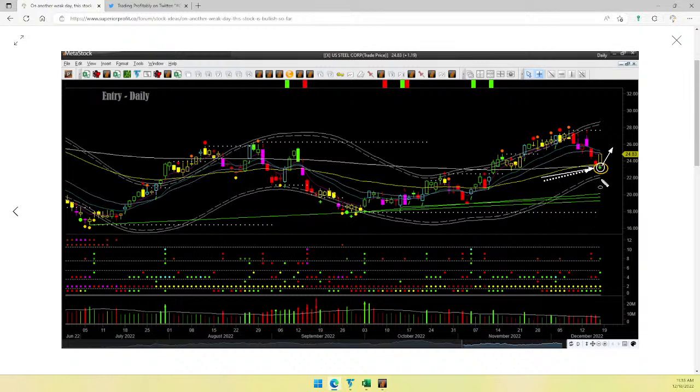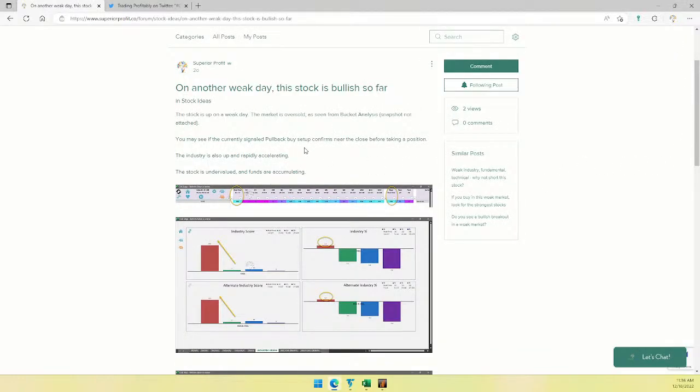So in addition to the possible pullback setup, I had a bull release signal. Yet another reason to consider buying. Stop would be just below the yellow direction line, and the exact location could be decided using the Q protection signal. This is what I shared around 10:40, before 11 a.m.